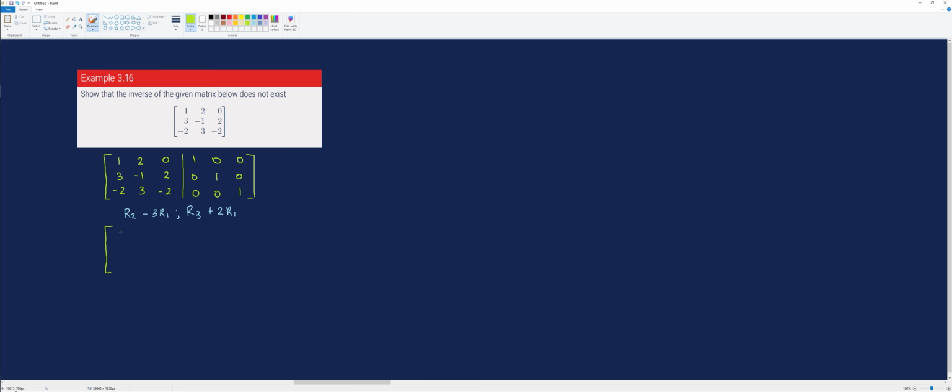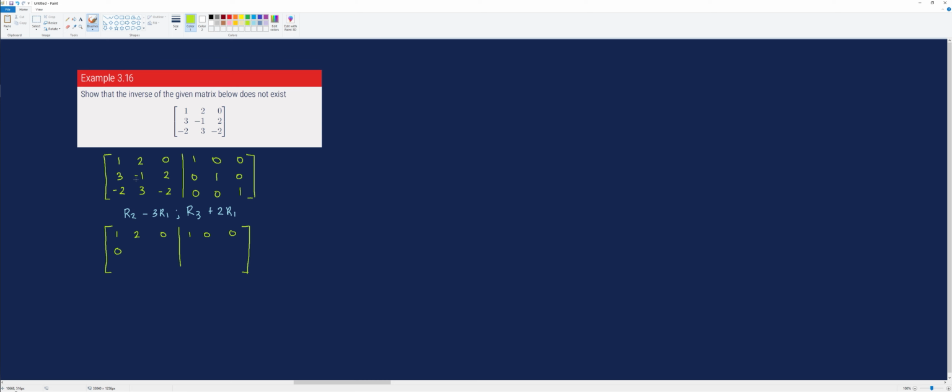For the first row, we will not do anything, so we will copy all the elements. That's 1, 2, 0, 1, 0, 0. For the second row, we will use this operation. That is 3 minus 3 times 1 is 0.